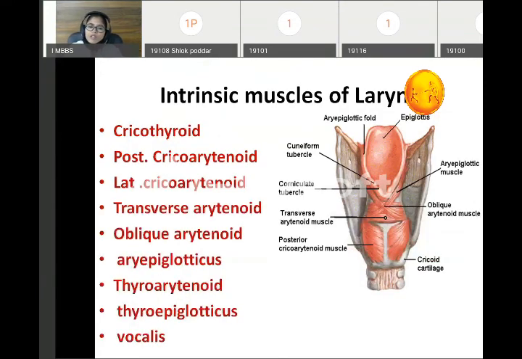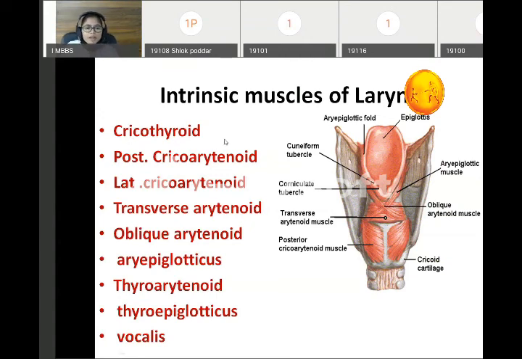Now, intrinsic muscles of the larynx. Intrinsic muscles of the larynx act on the laryngeal inlet. They help to close the laryngeal inlet. They also act on the cartilages and help to tense the vocal cord or vocal fold, and change the shape of the rima glottis. So they have action on the vocal fold or vocal cord and the inlet of the larynx.